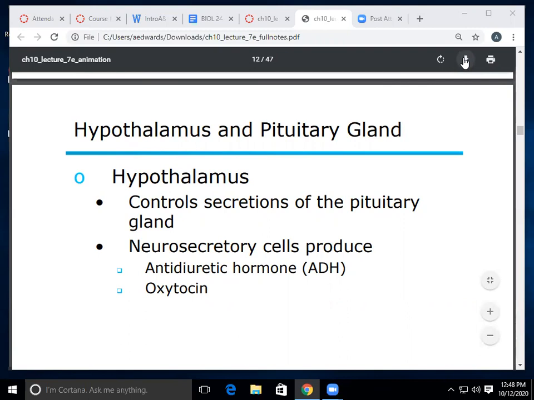All right, so let's start going into specific endocrine glands. First one we'll talk about is the hypothalamus. The hypothalamus is going to control secretions of your pituitary gland, which is located nearby in the brain, or in the cranial cavity.